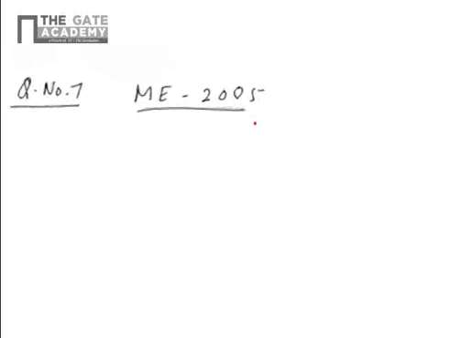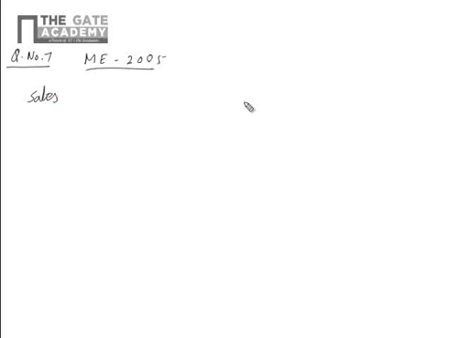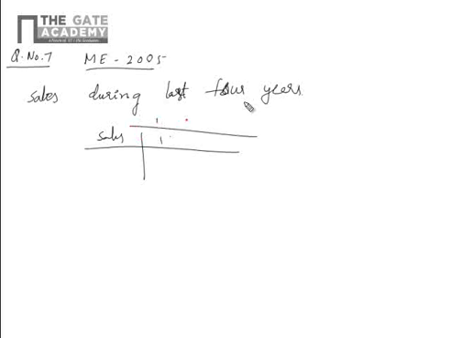He has given the sales of a product during the last 4 years: sales for the first year is 860, second year is 880, third year is 870, fourth year is 890.